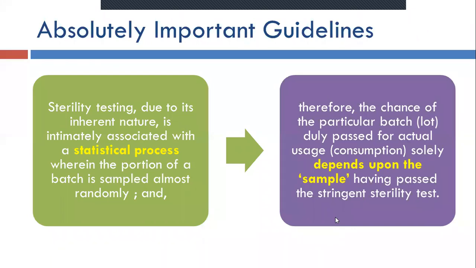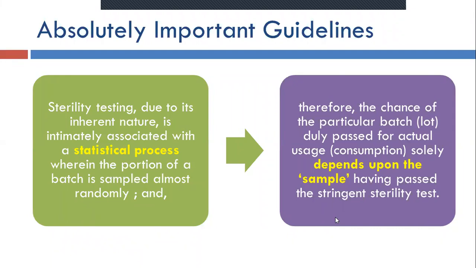You cannot make any changes in these guidelines. The sterility testing, due to its inherent nature, is intimately associated with a statistical process wherein a portion of a batch is sampled almost randomly. So here we are not going to take all the samples; all the units are not taken. Only random samples will be taken, and our report should be based on certain statistical analysis.